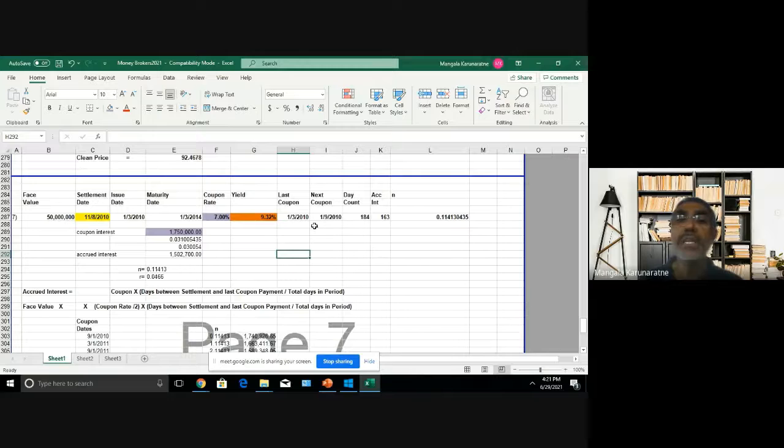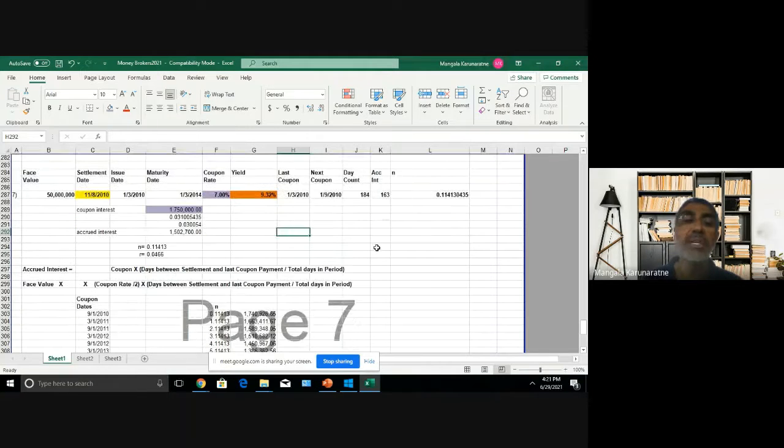Now we need to know the day count. Why? Because we need to calculate the accrued interest. In the earlier explanation, I said that just after 1 day of the coupon, you get 1 day's accrued interest.